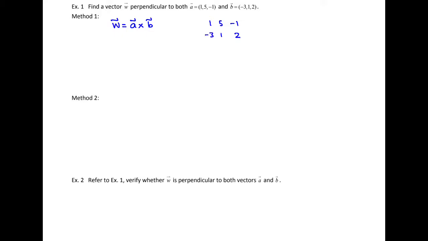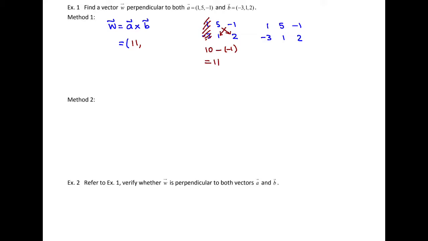Then we are ready to find the X coordinate, Y coordinate, and Z coordinate of the vector W. Whenever we want to find the X coordinate, block the first column, which is the X column. And we will do 5 times 2, which is 10, minus 1 times negative 1, which is negative 1, which will give you the X coordinate, which is 11.